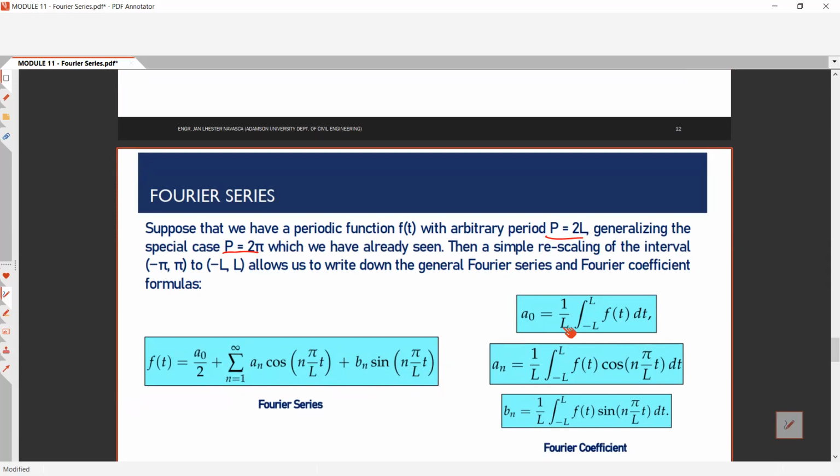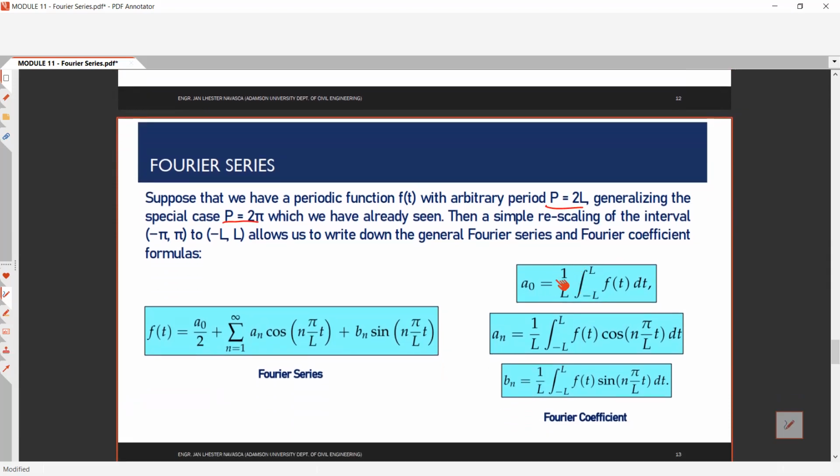Your a sub 0 is equal to 1 over L integral of f of t dt, negative L to L. Then a sub n is equal to 1 over L integral from negative L to L of f of t cosine n pi t over L dt. And b sub n is equal to 1 over L integral of f of t sine n pi t over L dt from negative L to L.